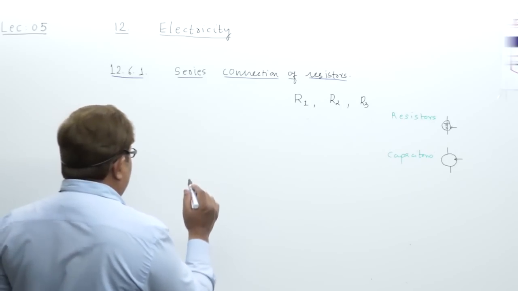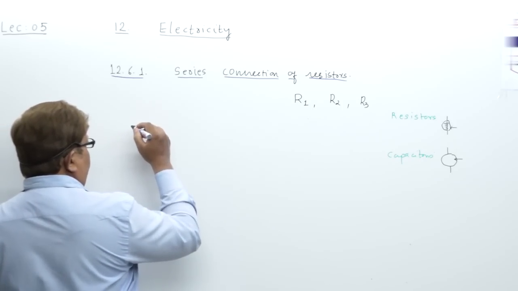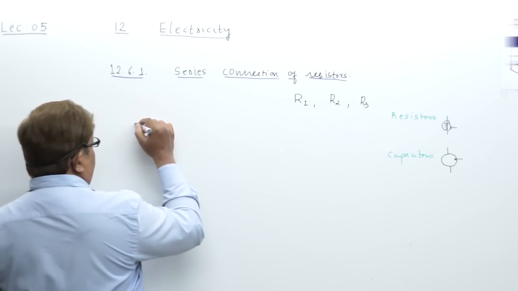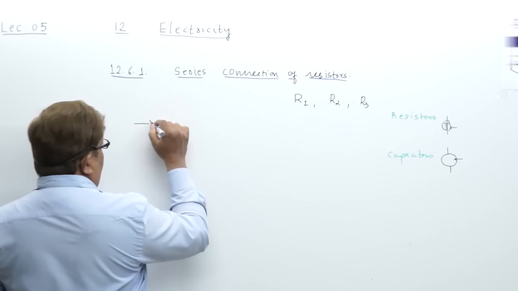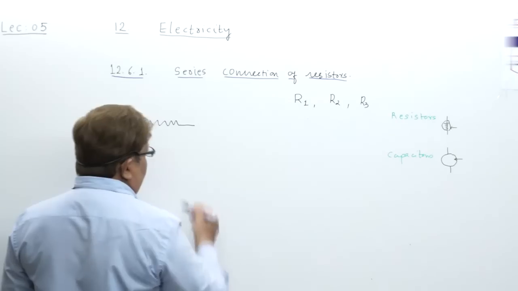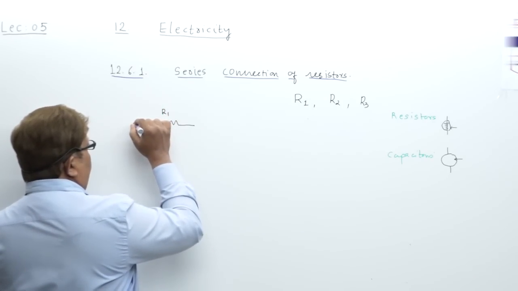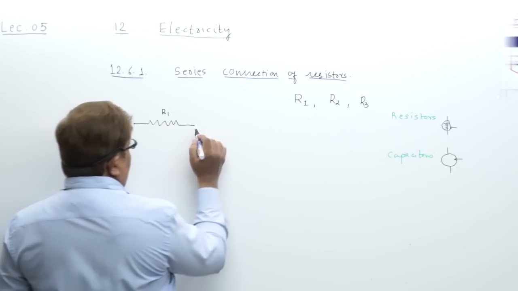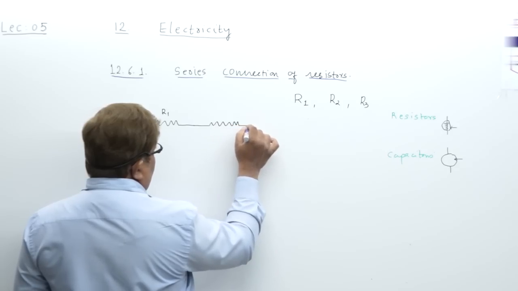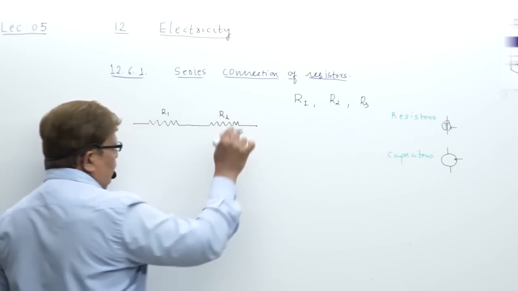Three resistors, my dear student, we have. Let us try to make or design the electric circuit. First resistor, consider this as R1. Then let us take another resistor, you can say it R2.